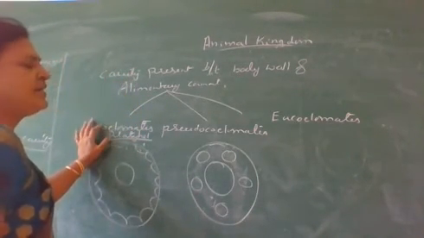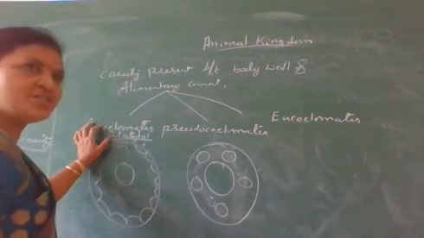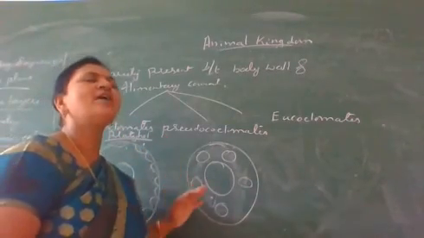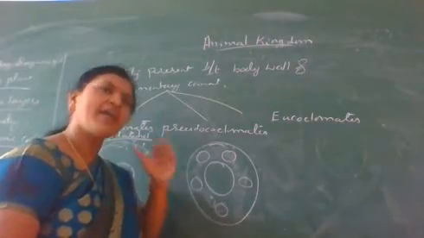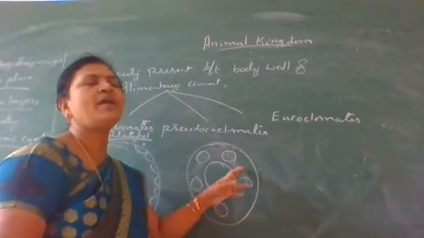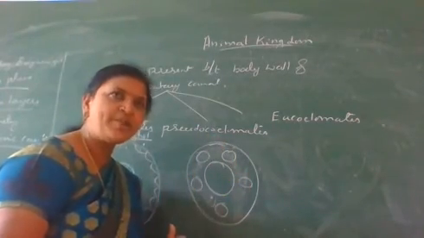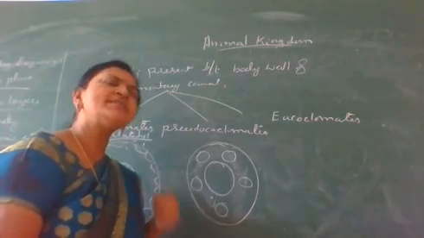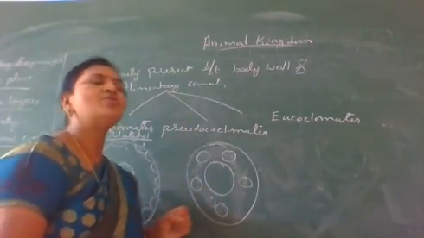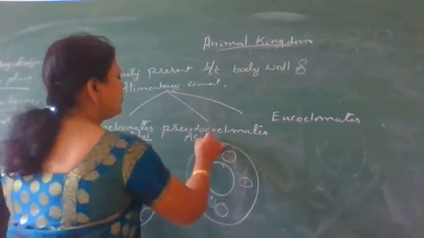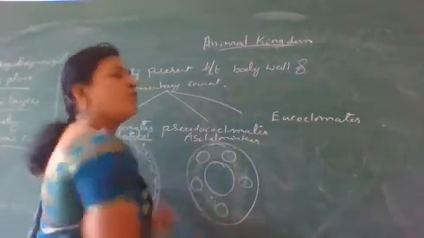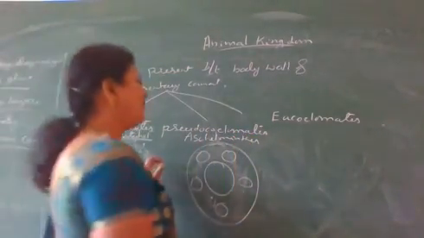That kind of animal is called pseudocoelomate, as in the case of Aschelminthes, that is roundworms.